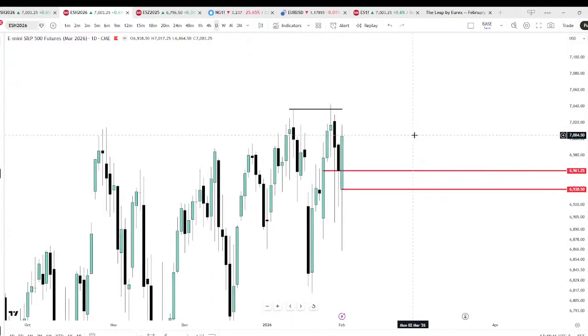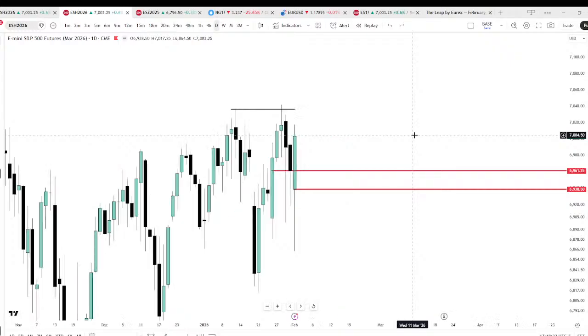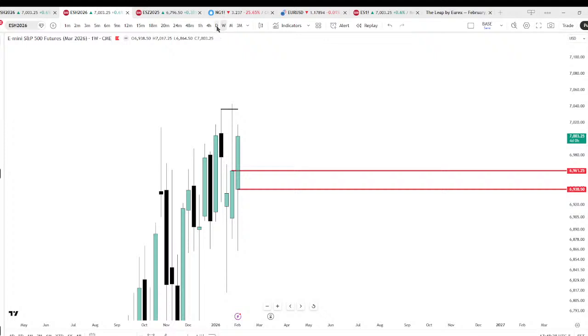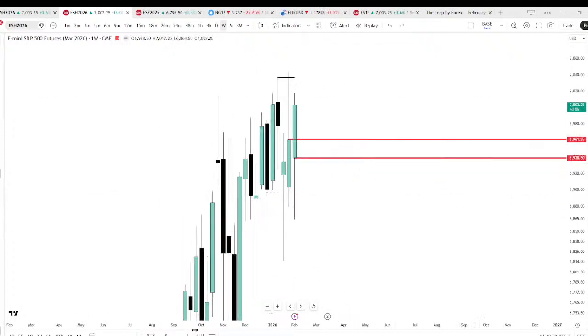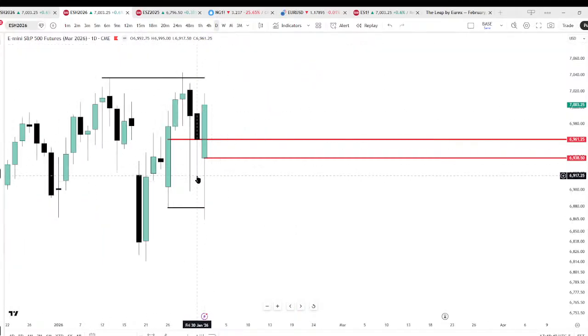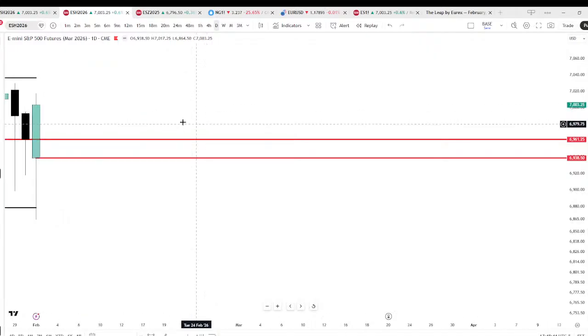On a daily time frame, you can see that our Friday, we make mention of this, weekly low was taken out on a Monday. So both Friday's high and low were taken out.